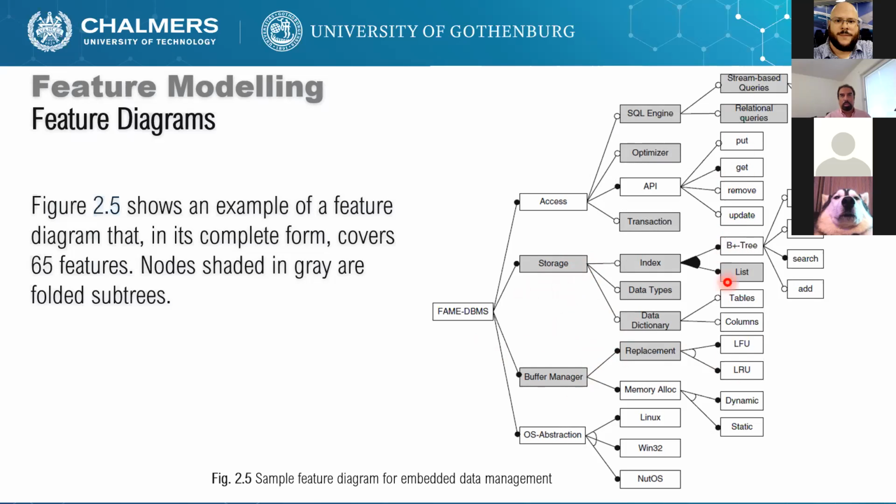And you see here the relationship between the features. And it has embedded data management. And this is just for a database, showing you how you can create a feature diagram to represent a feature model that you can use later for developing a variation and configuration engine.